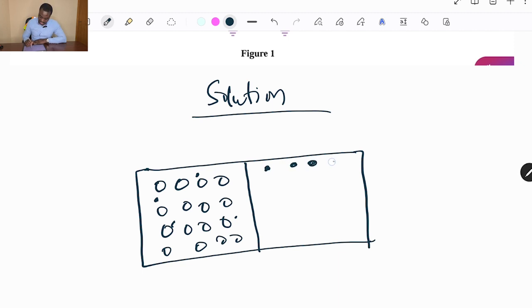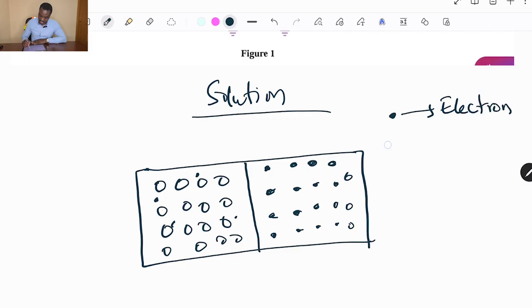So we end up having majority electrons and some minority holes. This represents the electrons and this one represents the hole.